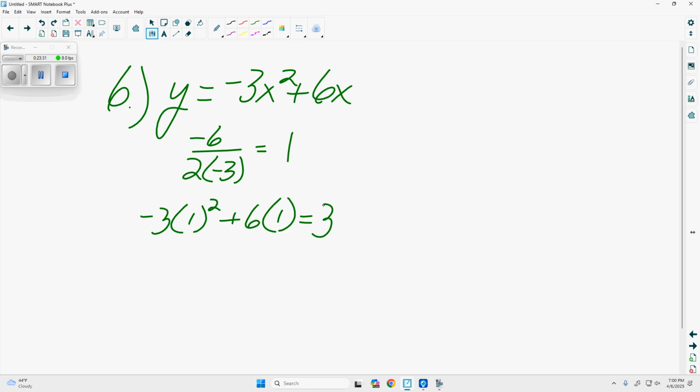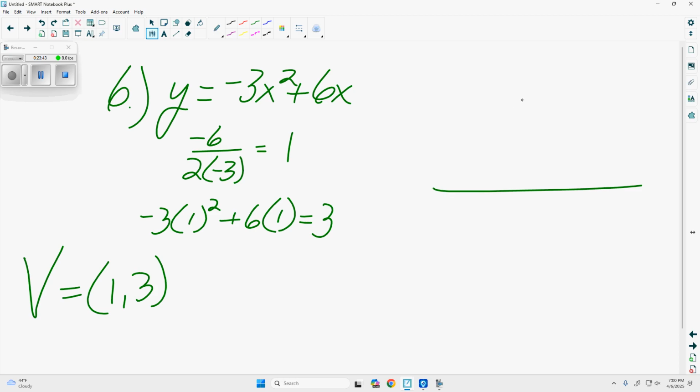So that means that the vertex is going to be 1, comma 3, right? Hey, at least we aren't having to answer what's the domain, what's the range, okay? So keep that in mind. You're welcome. So I'm going to go 1 to the right and 3 up. 1, 2, 3. We already know that this parabola is opening down because of that negative 3. So we know that there's going to be a couple intercepts, right?